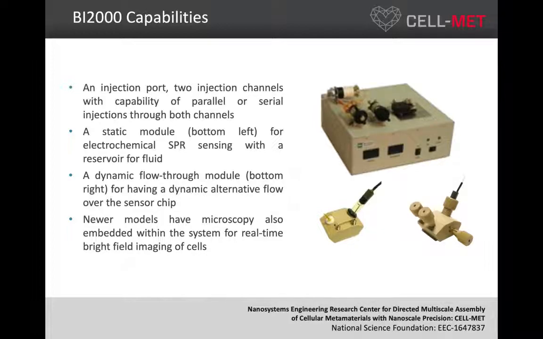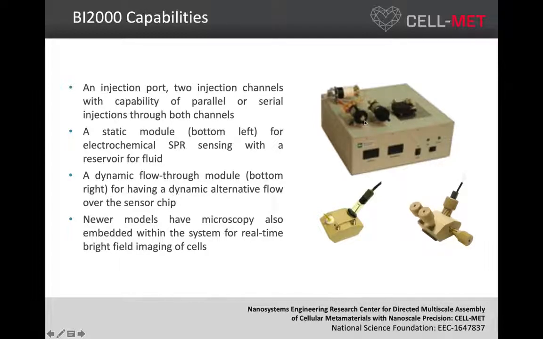On the left one, you can see the static module, which technically has a reservoir for media. You can put in media and you mount the chip on top of the prism. Here would be the prism, and then the module goes on top of it. You put the chip on top of the prism here, and then one of these modules is going to be clicked into this, going on top of the prism and the chip.